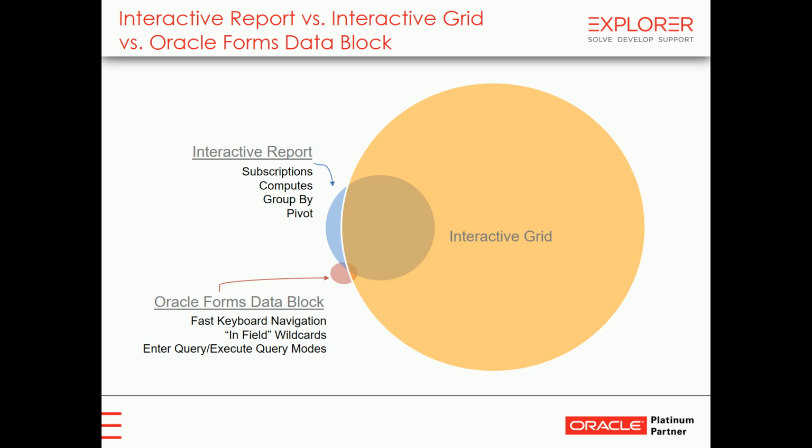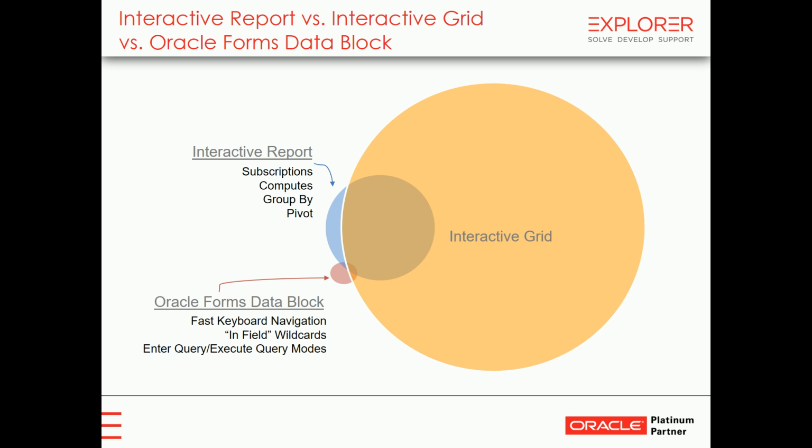So in terms of functionality, the interactive grid in the newer versions of Apex, so I'm expecting in version 5.1.2 or version 5.2, the size of that circle to increase and to totally eclipse the features available within the interactive report.